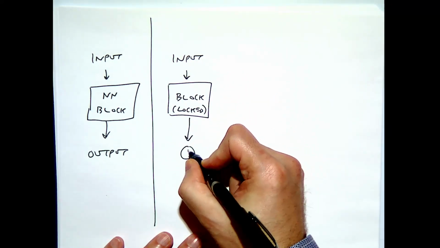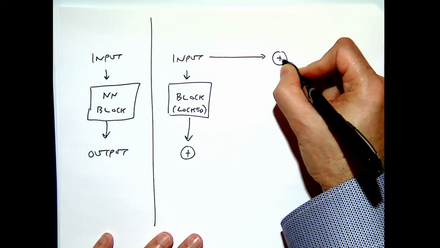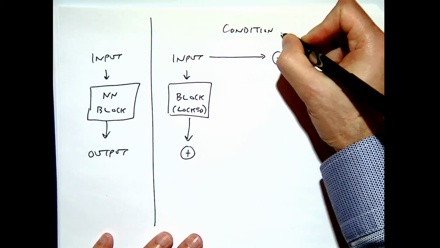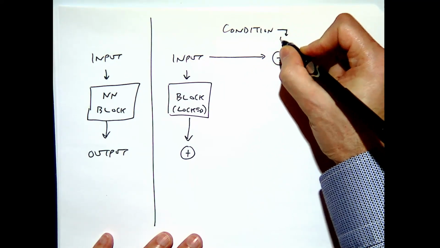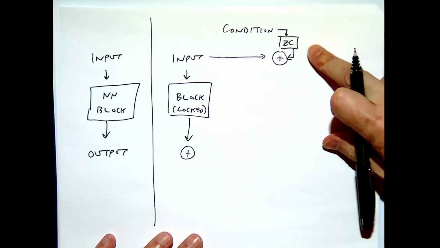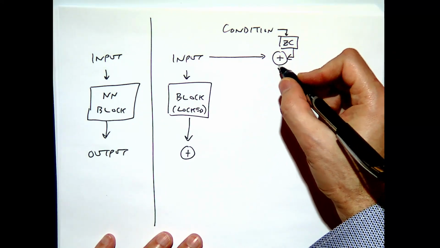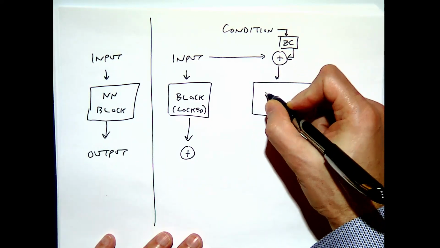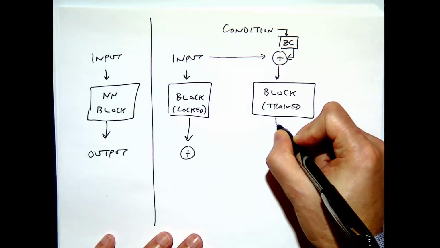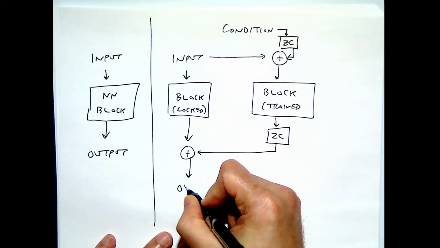And then I'm going to add to this a different chain, right? So here, there is a condition. This is your edge map or whatever. This goes into something that's called a zero convolution block. This is basically a 1x1 convolution layer that has everything initialized as 0. And then this goes into a block that is to be trained. And then, more or less, this gets added to here to produce the output.